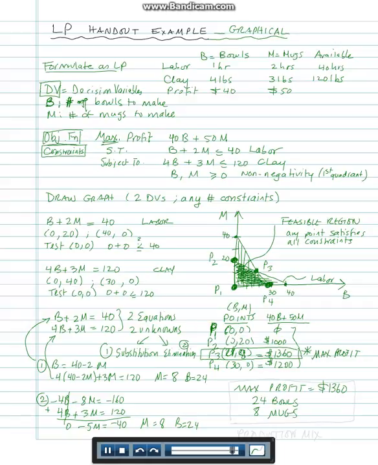No other combination will give us more profit than that. That's the production mix that will give us the absolute maximum profit. You can try any other point in the feasible region or on the border of the feasible region. None of them will give you that kind of profit.